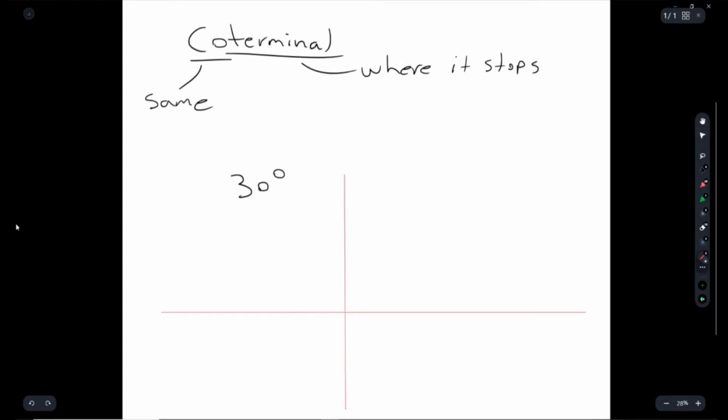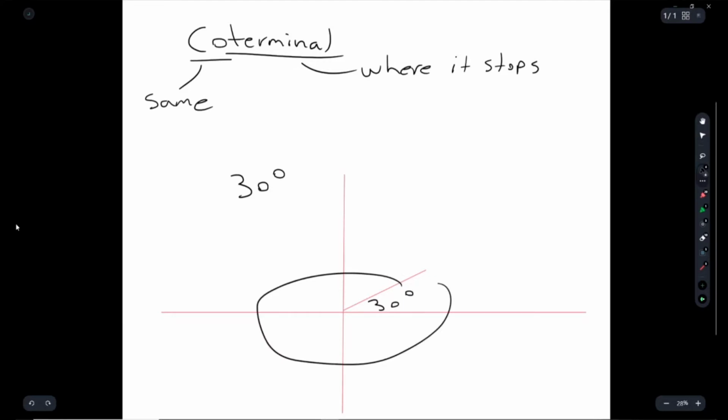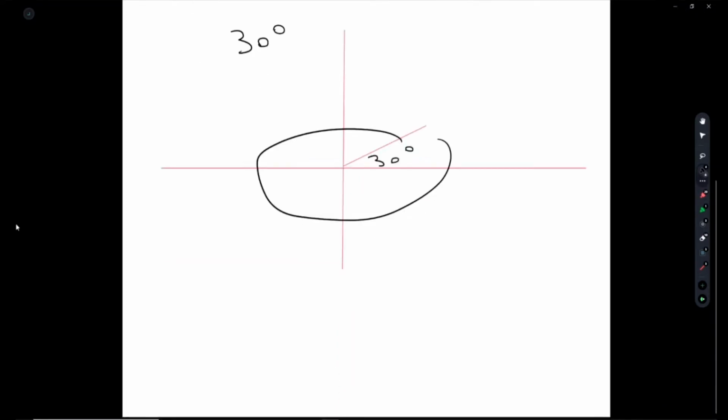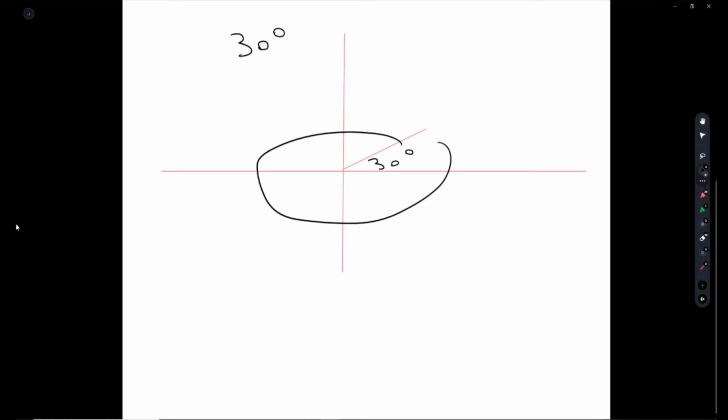X-axis, y-axis. So a coterminal of this angle needs to end in the same place where this angle is. Since we know 360 degrees is a full circle, adding or subtracting 360 degrees will always end in the same place. So as a general rule to follow, I'll write it down.